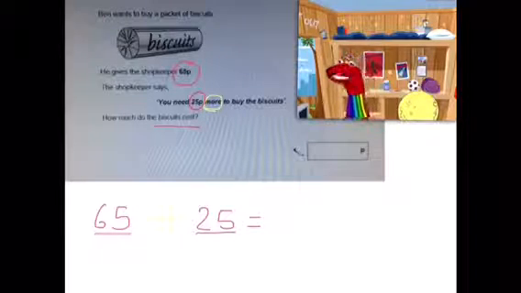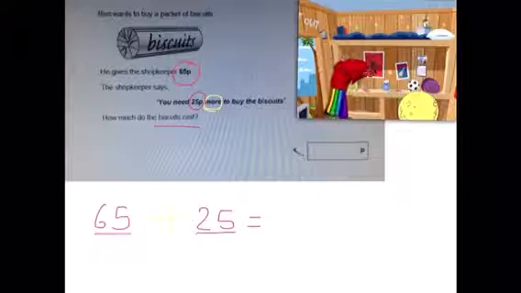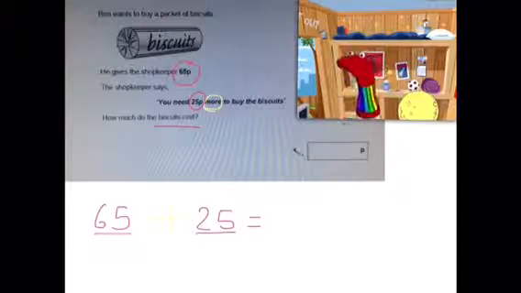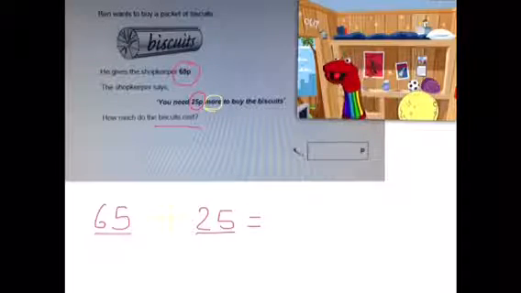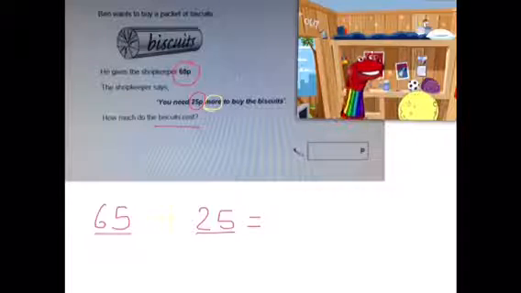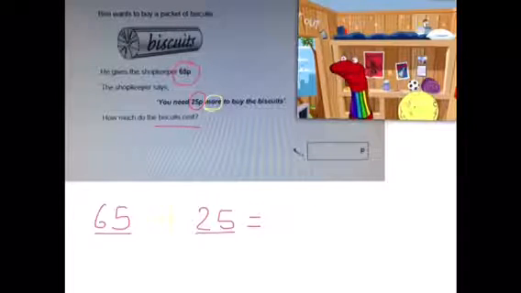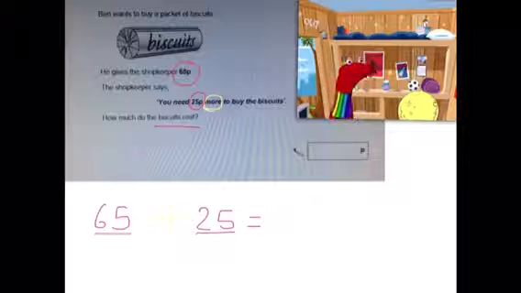And the final thing we need is to actually work this calculation out. Now, we need to make sure we choose an appropriate method that we have learned in order to solve this problem. So, I'm going to use partitioning.